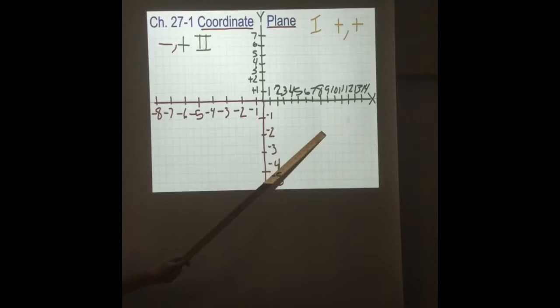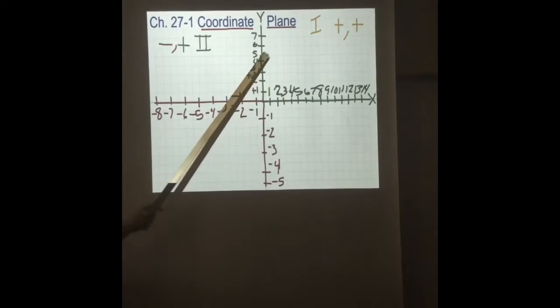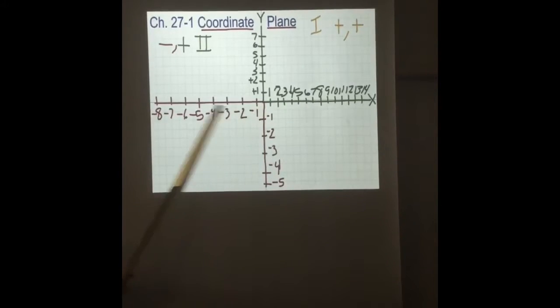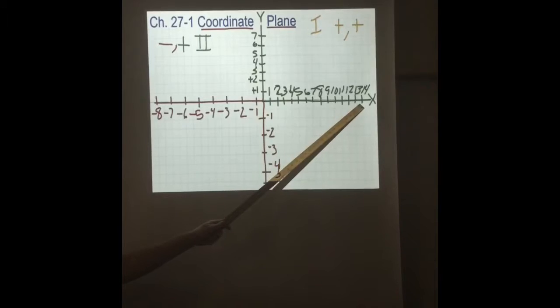The reason they did that is because we were used to the positive numbers going up and to the right. But we also got used to a number line, with 0 in the middle, the negative numbers on the left and the positive numbers on the right. That's why they made that sector 2.